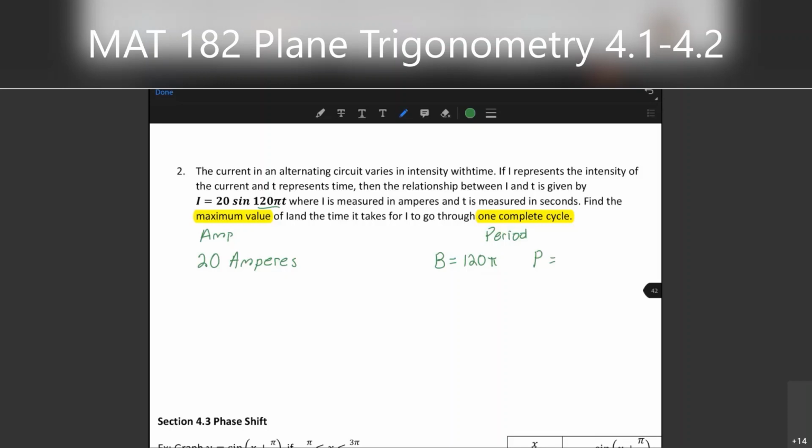Okay, you guys are coming up with 1 over 60. That looks good. So we're really doing 2 pi divided by our b value, 120 pi.